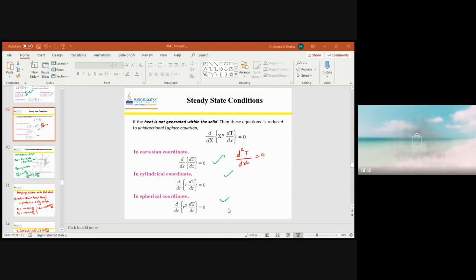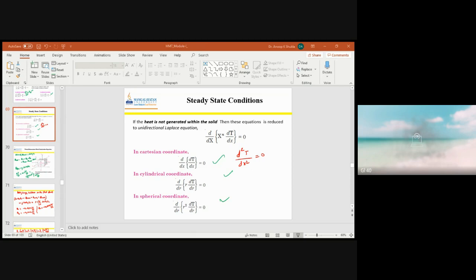Now, we will derive the three-dimensional heat equation as usual, as in the case of the one-dimensional equation. Suppose we have taken a Cartesian coordinate system, and in that system we have taken a parallelepiped element. That element has thickness dx, dy, and dz. qx is the heat conducted in through the face ADHE, and qx plus dx is the heat leaving at the face BFCG.